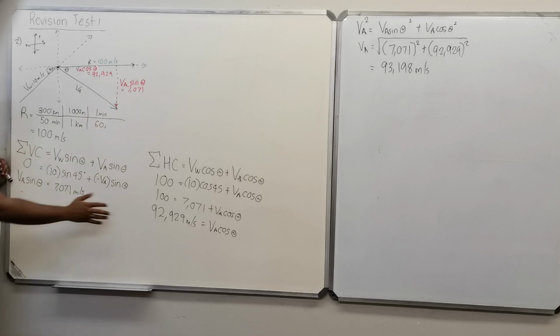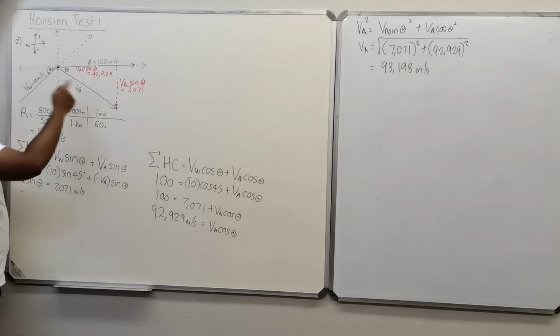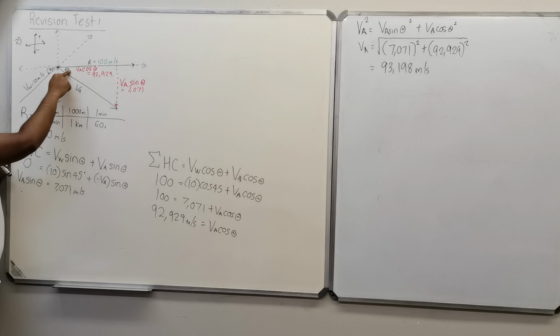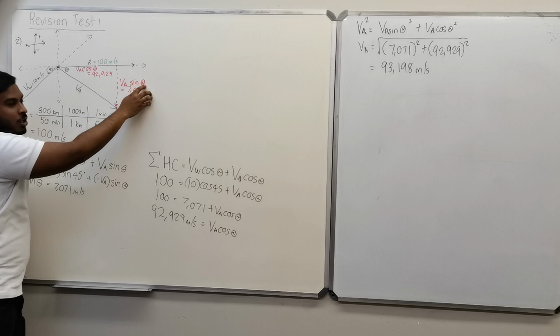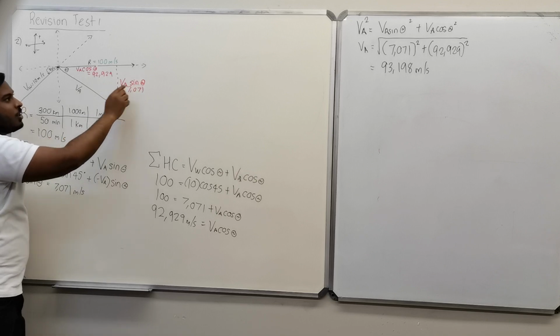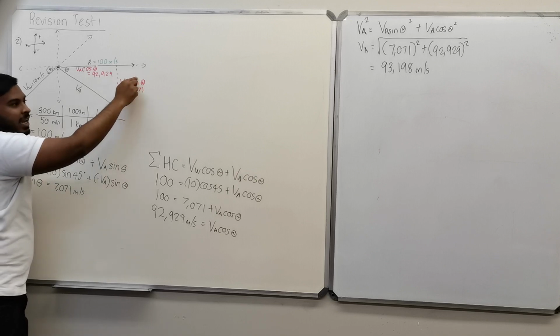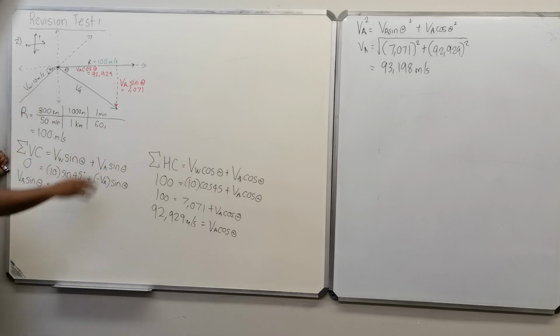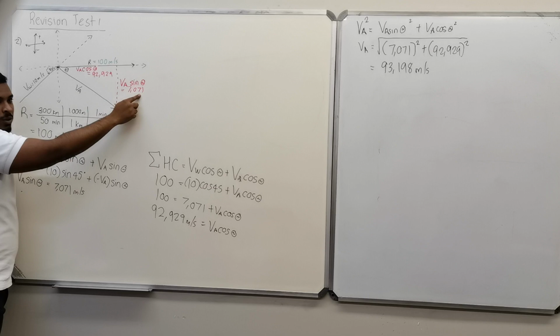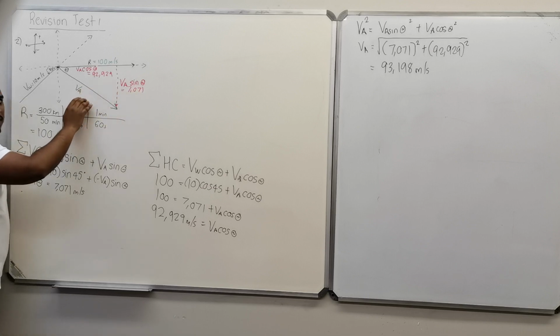How you would have, if you were given this value, to solve for the horizontal component, we would have said VA cos of the angle. And to solve for the vertical component, we would have said VA sine of the angle.